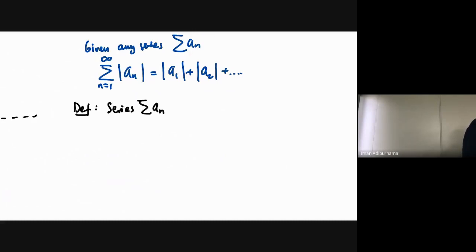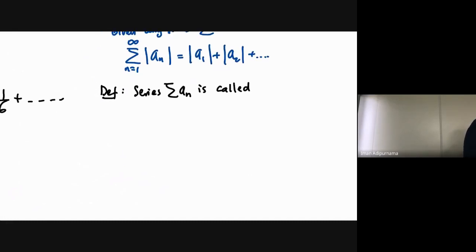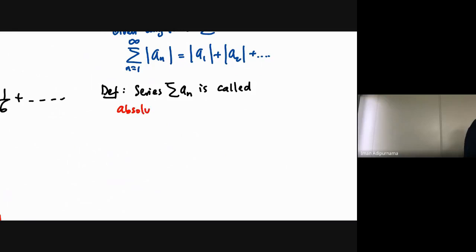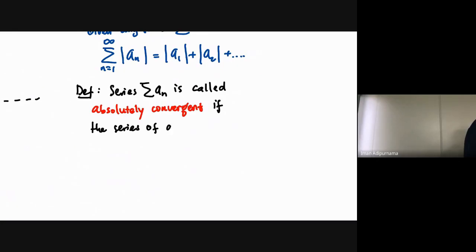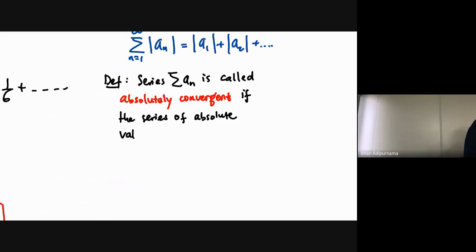a series is called absolutely convergent if the series of absolute values sigma is convergent.